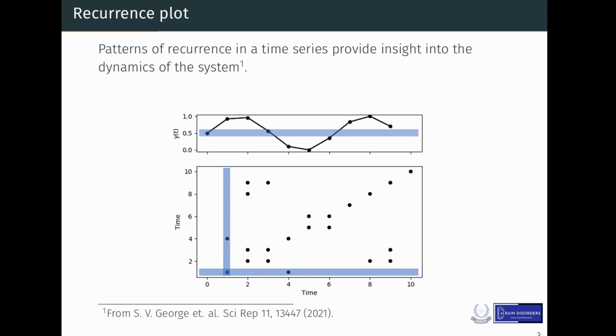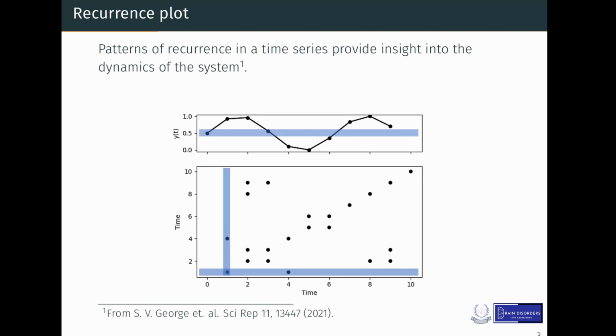And what we're really interested in is whether a particular point will recur in the neighborhood of another point. So if you take the first point, we draw a little blue neighborhood around it, and then we check whether in future some other point falls into this neighborhood. And if it does, then we go down in the matrix and put a black spot on it.